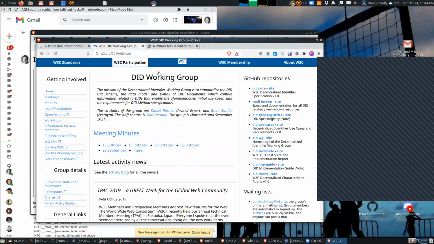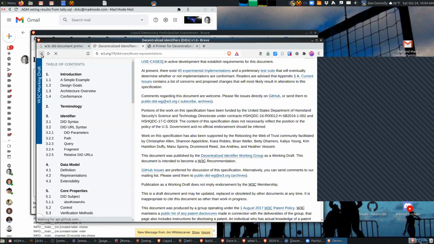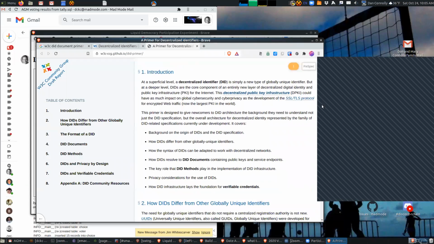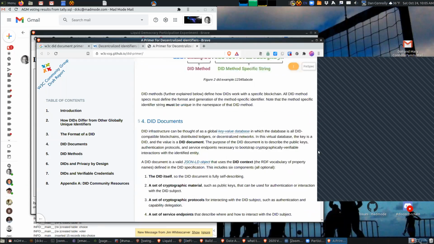You just saw that the document I was looking at did not do that beyond saying use JSON, right? It's a great big long document that says use JSON.